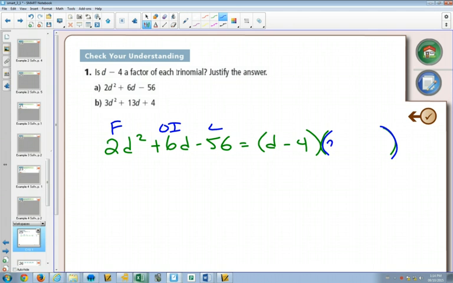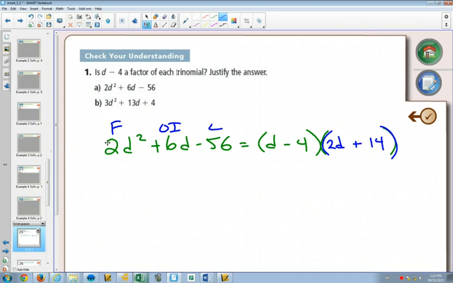It would have to be 2d. And if I need a minus 56, 4 times what is 56? 4 times 14 is 56.